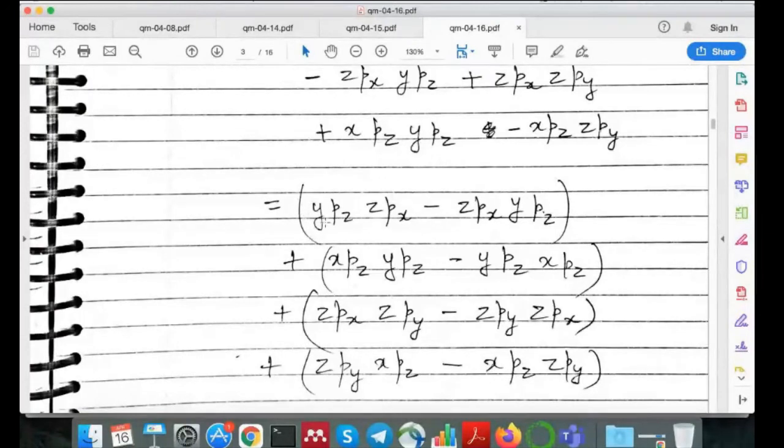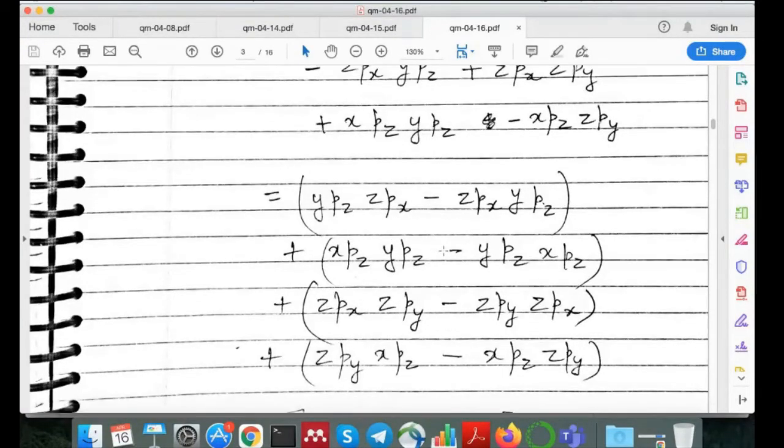One such term is ypz zpx minus zpx ypz. This is a commutator relation between ypz and zpx. Similarly, there is xpz ypz minus ypz xpz, a commutator relation between xpz and ypz.